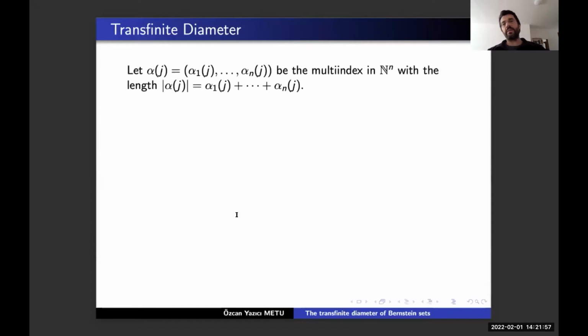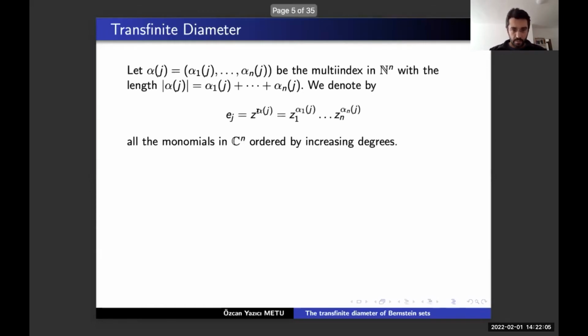Now we will define the transfinite diameter. We take a multi-index alpha j and give the monomials z to the alpha j. Here z is the usual coordinate in Cn.